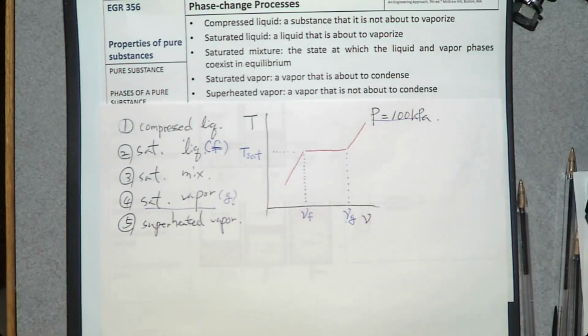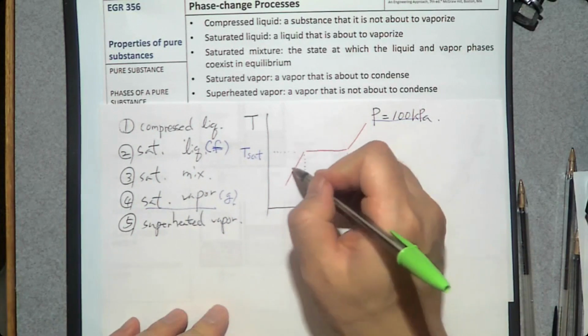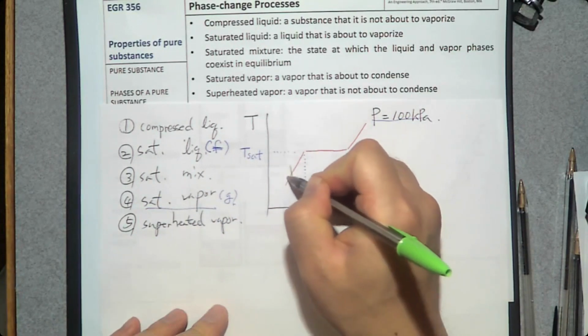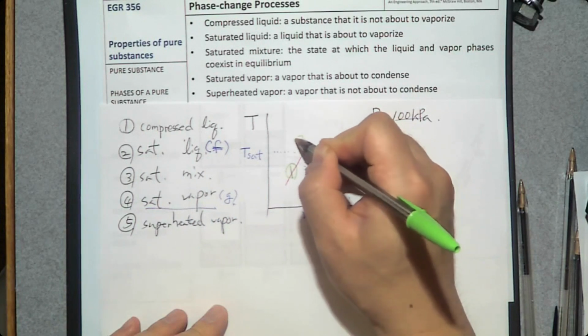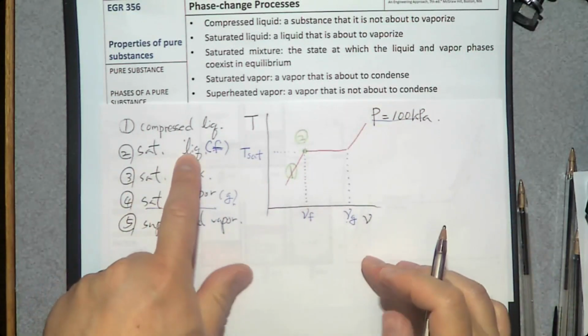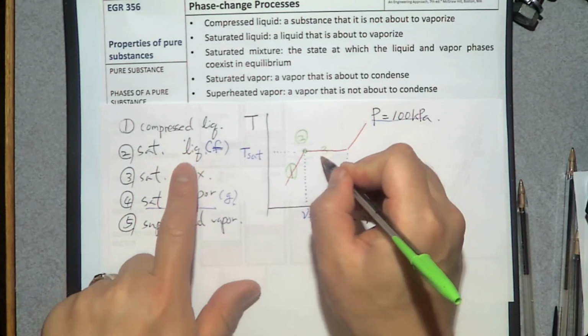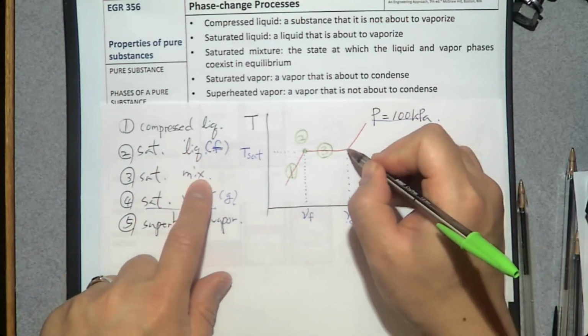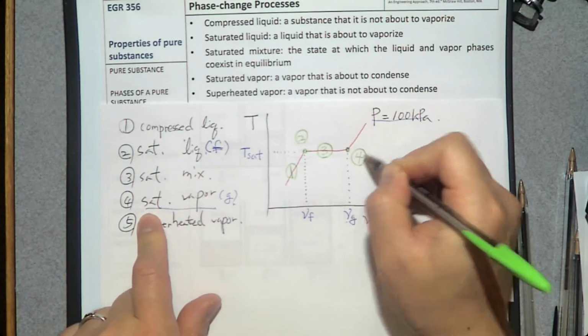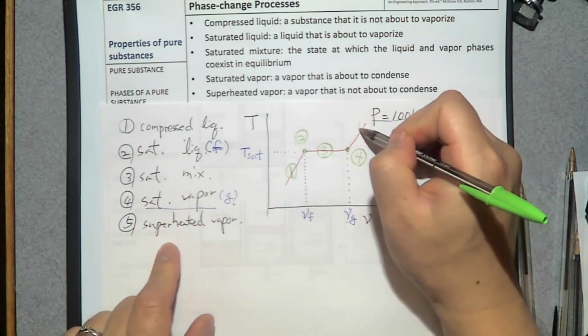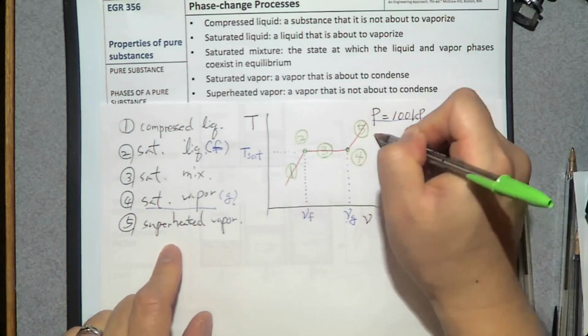Then on this TV diagram, here is number 1, compressed liquid. This point is number 2, saturated liquid. This is number 3, saturated mixture. This point is number 4, saturated vapor, and number 5, superheated vapor.